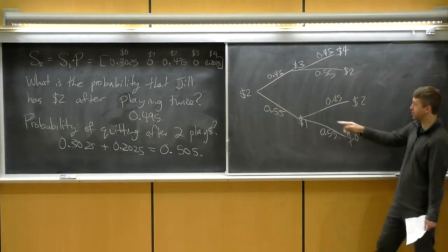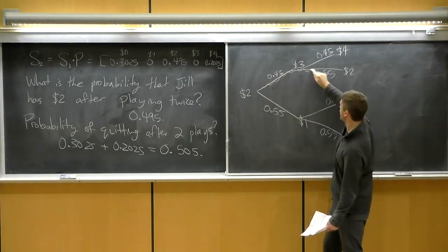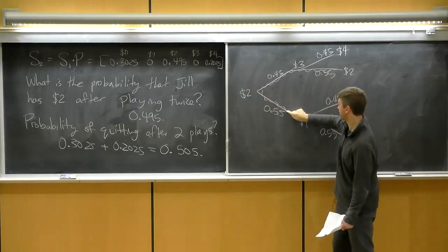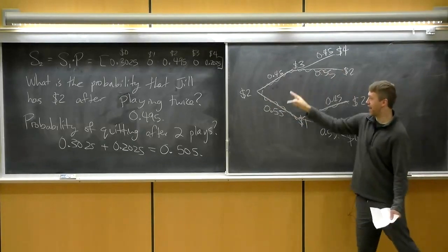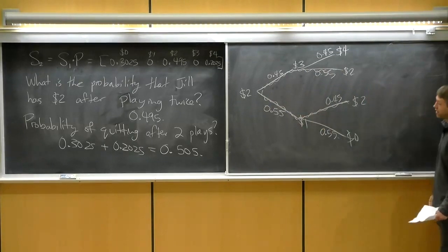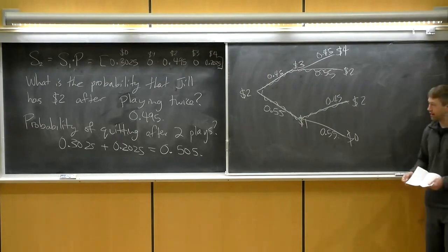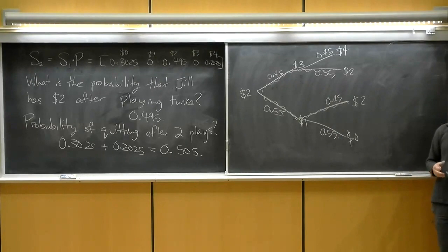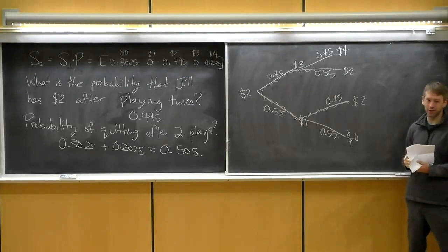For $2, it would be this path plus this path, so you multiply those and add it to the product of those. So far there's nothing new. The new stuff comes in when we start to ask different questions, which would be really hard to answer with a tree diagram.